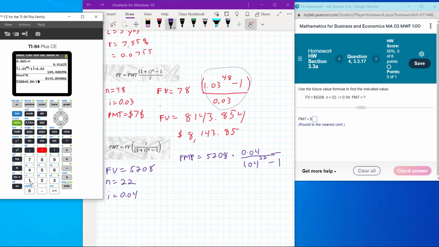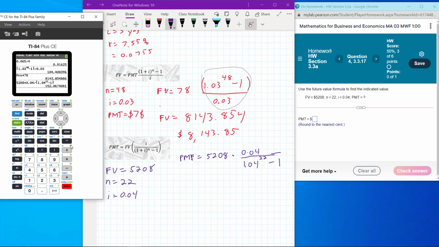So parenthesis 1.04 raised to the 22nd power minus 1. Oh, hang on a second. Let's back up. Delete. We had to come out of the exponent first. Now, minus 1, close the parenthesis, and now hit enter.